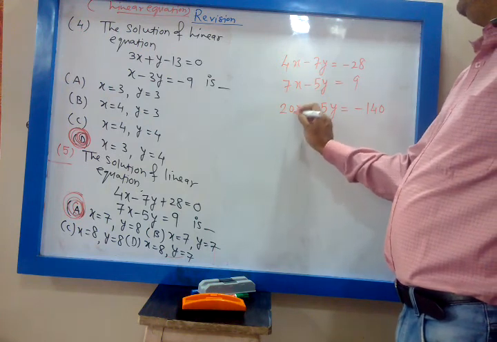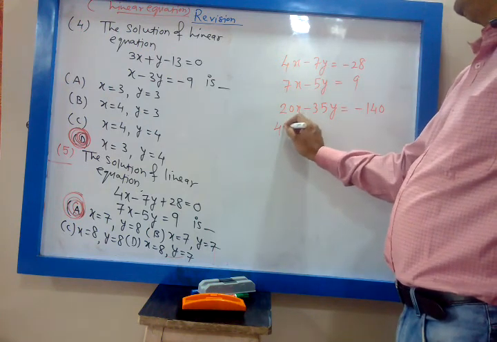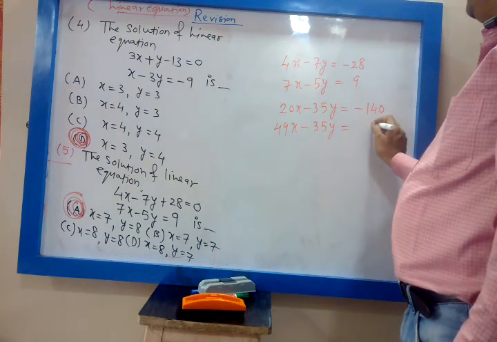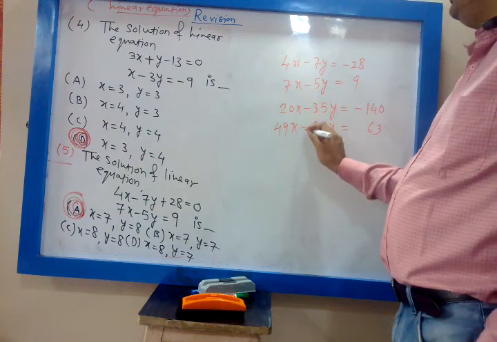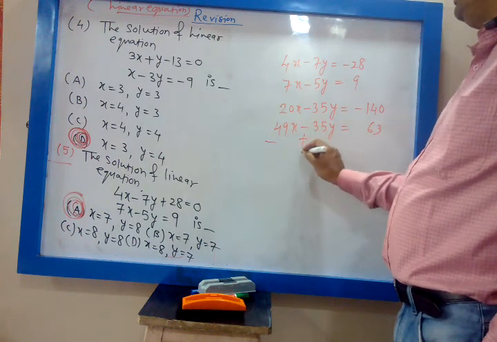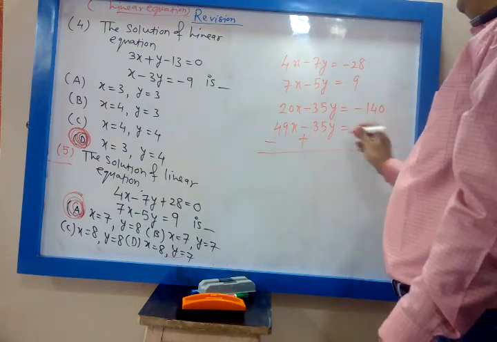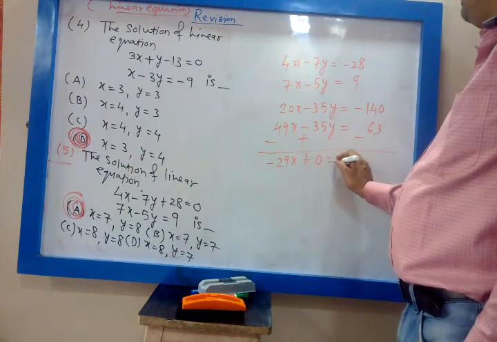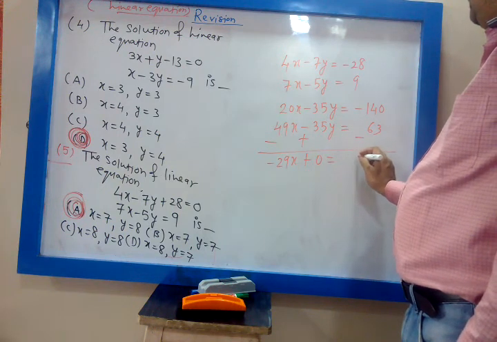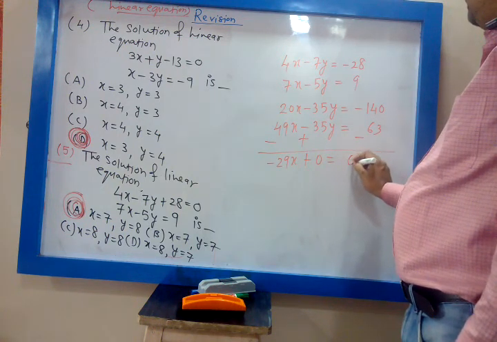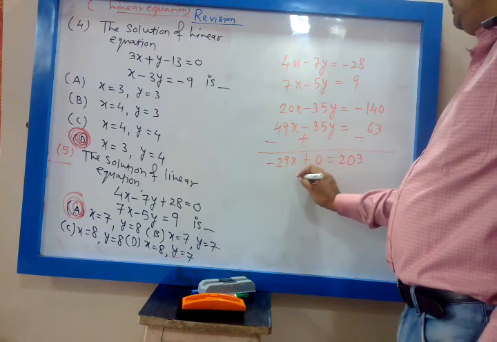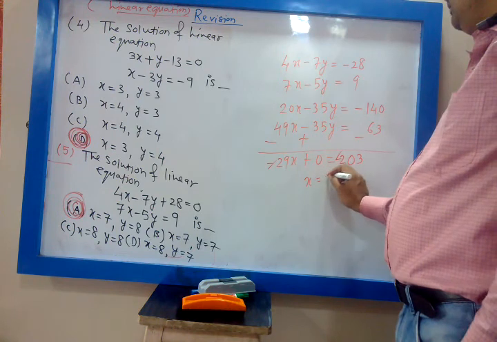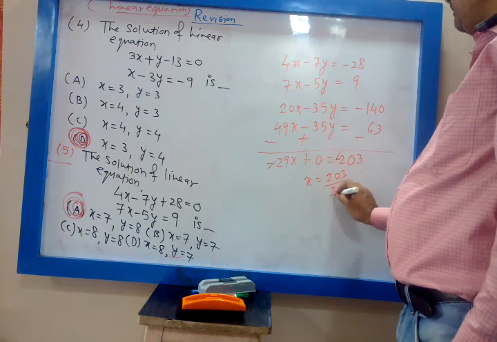Then multiply equation 2 by 7: 49x minus 35y is equal to 9 sevens, 63. Same sign, so subtract. 49 minus 20 is 29x, plus 0, is equal to minus 140 minus 63, which is minus 203. So x is equal to 203 upon 29.